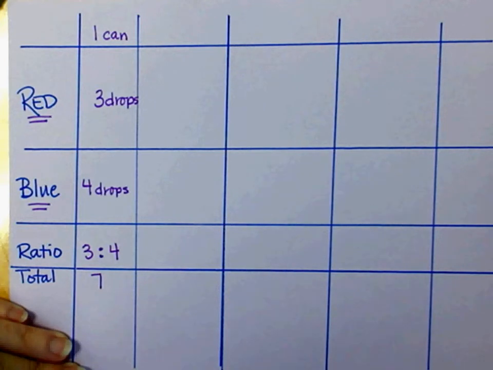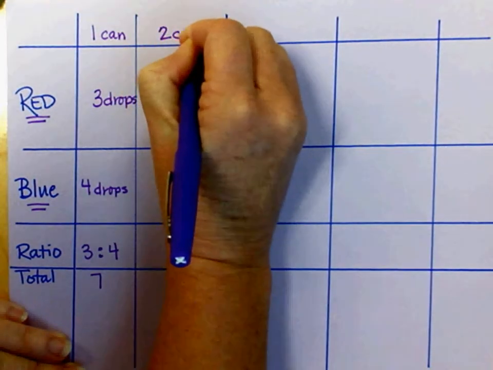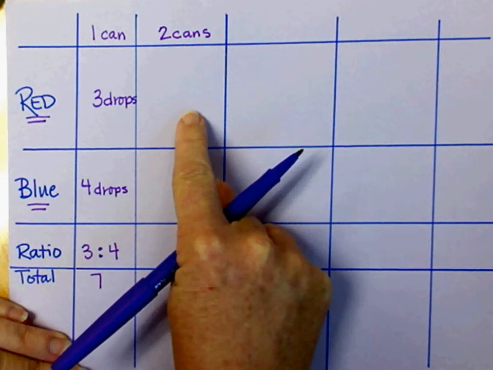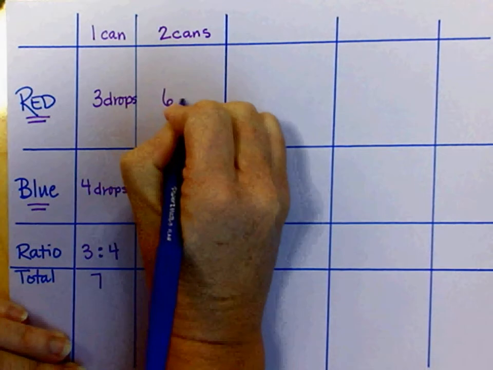But wait a minute. 1 can of paint is not enough to paint the entire room. So, I'm going to get another can of paint. So if I purchase 2 cans of paint, how many drops of red go into 2 cans of paint? There would be 6 drops of paint.